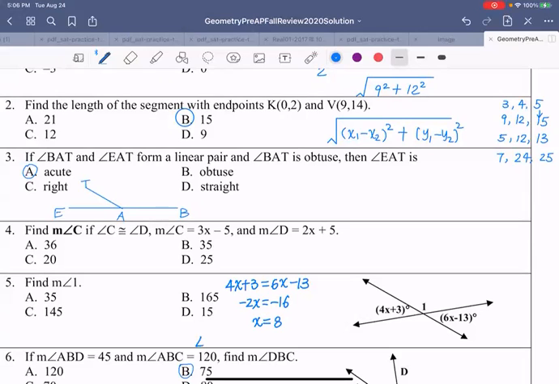So angle 1 will equal... we can figure out this first. 4 times 8 is 32, and then 32 plus 3 is 35. Then angle 1 equals 180 degrees minus 35.